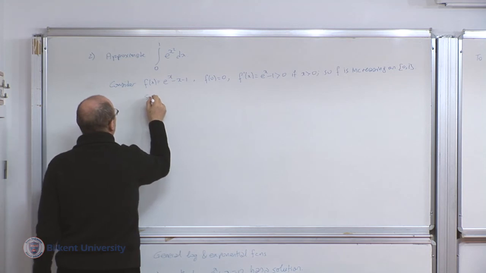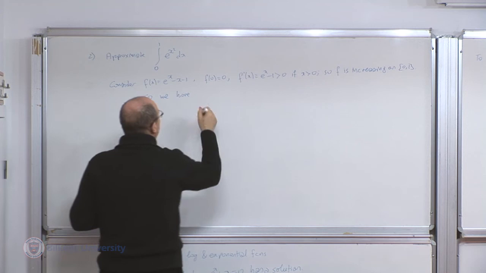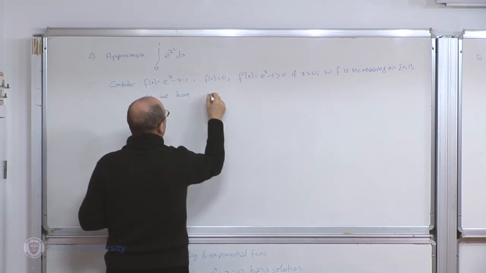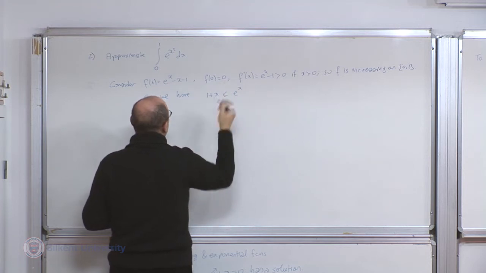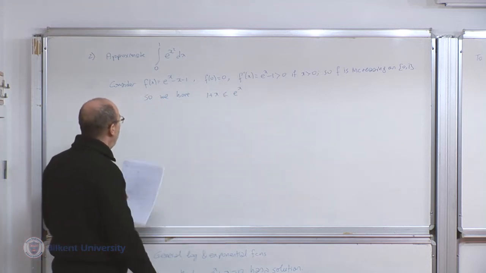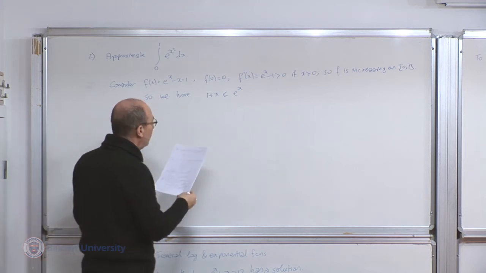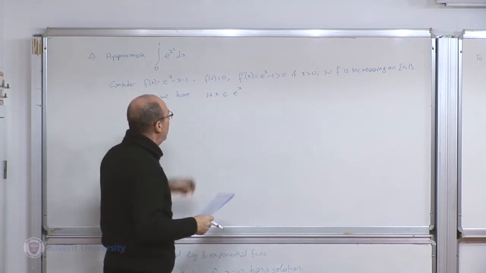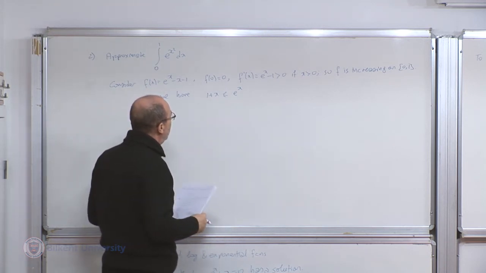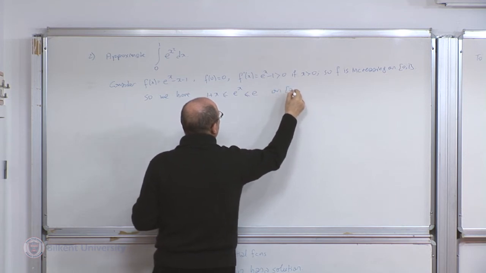So this is increasing, so 1 plus x is less than e to the x. Okay, let's write less than or equal to, because we'll talk about approximation, so we are not interested in precise sharp inequalities. So this is less than or equal to e on 0, 1.